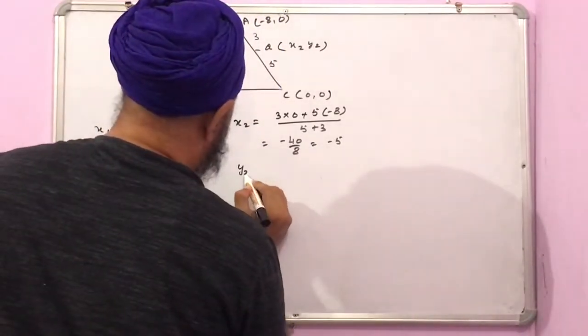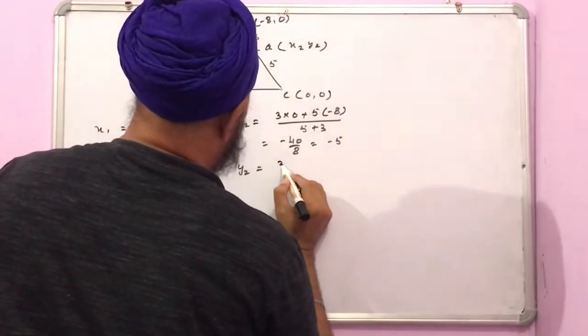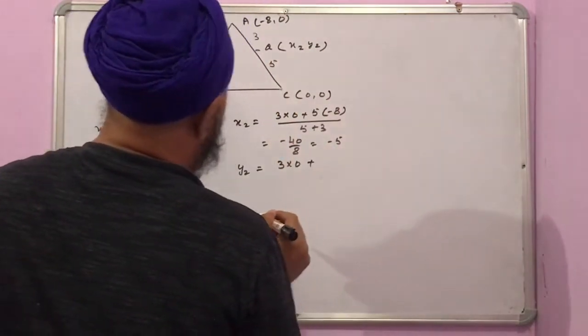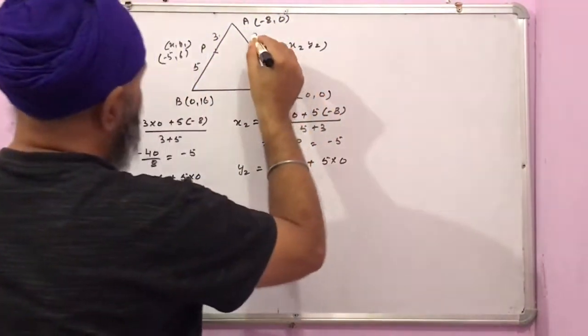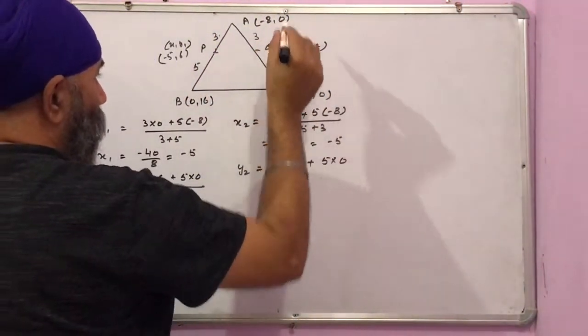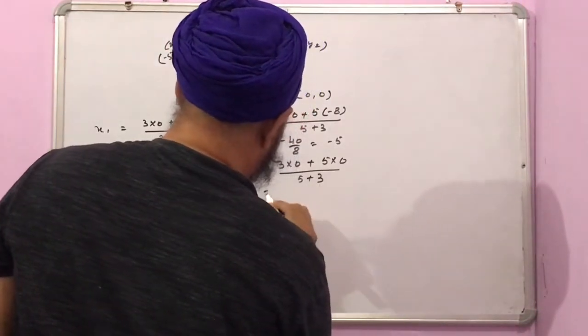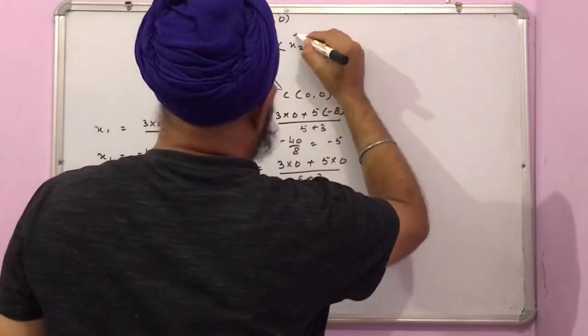Then y2 is 3 into 0 plus 5 into 0, m1 y2 plus m2 y1, upon 5 plus 3, 0 upon 8, that is 0. So this point Q is (-5, 0).